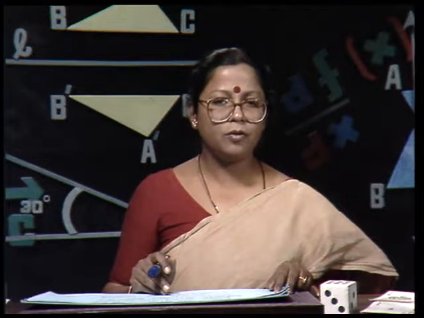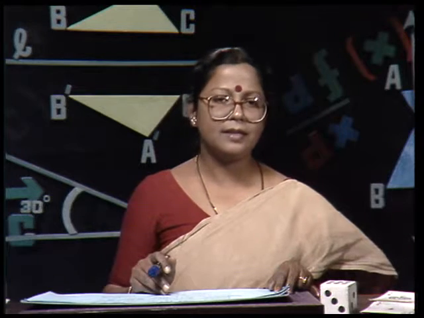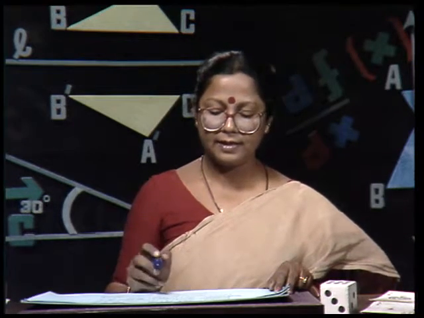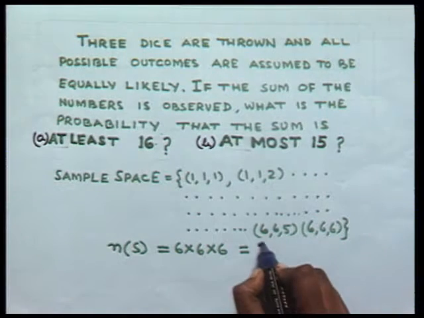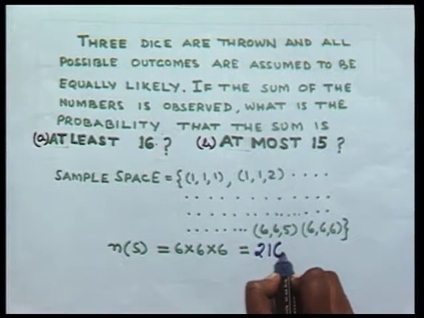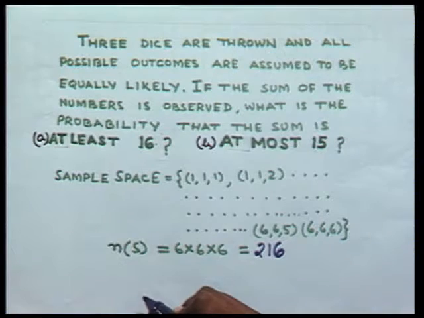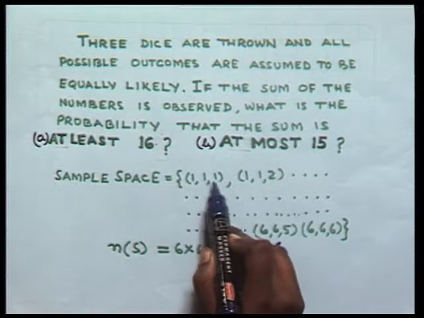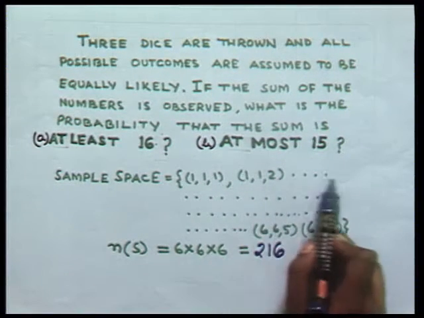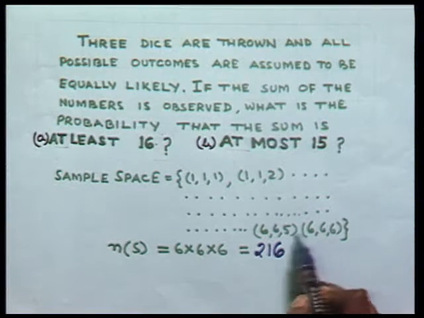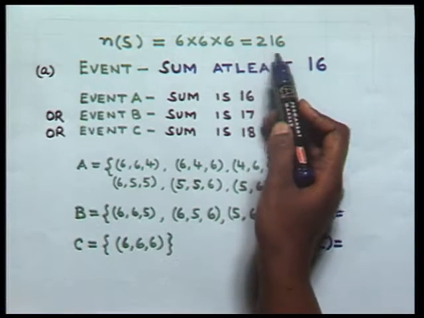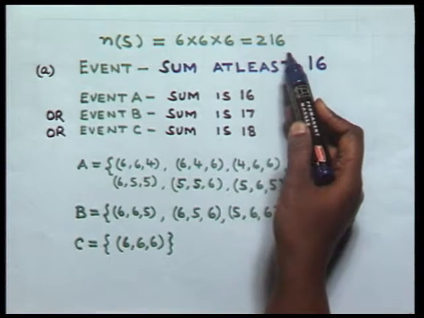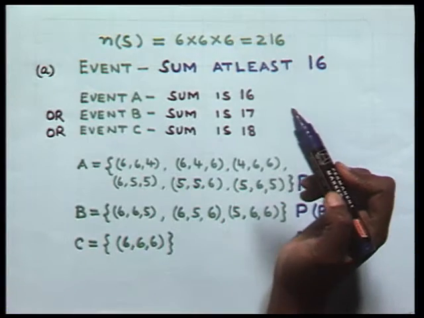Similarly, if we throw 3 dice, then the sample space will have 6 into 6 into 6, that is equal to 216 elementary events of the type 111, 112 and so on, 666, 665. So, the sample space for this experiment has 216 elementary events.